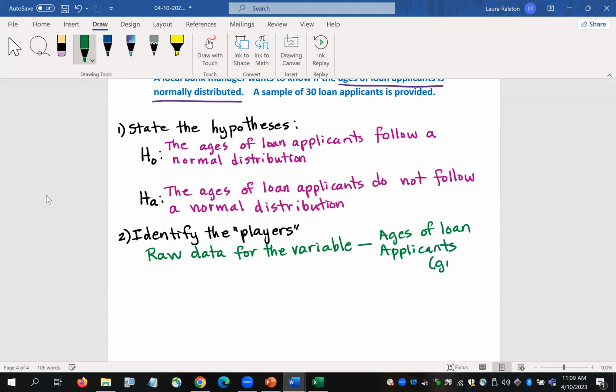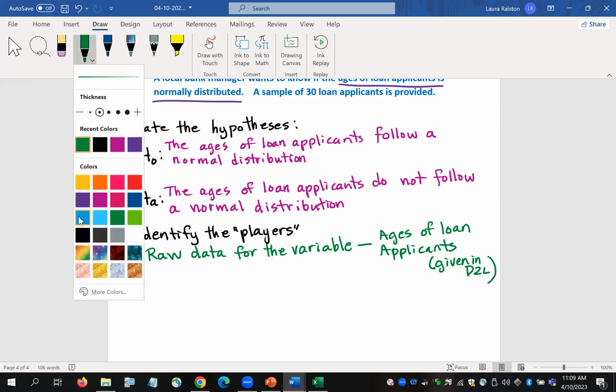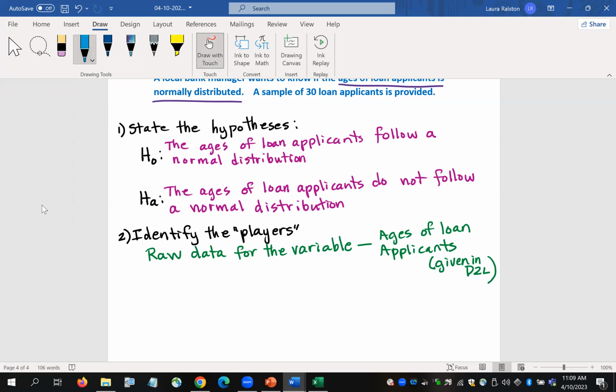And that's given in D2L. Again, this scenario does not indicate a specific level of significance, so we default it to 0.05 because that's the other piece of information we need.